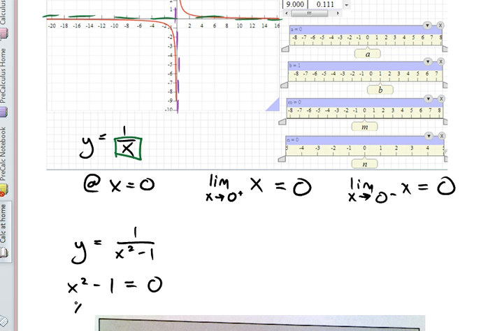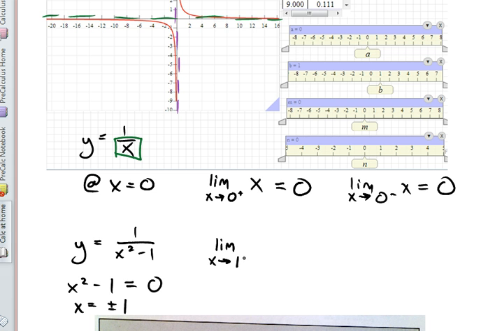If we do this, we get x equals plus or minus 1, which suggests that there's going to be two vertical asymptotes for this graph, one at x equals 1 and one at x equals negative 1.